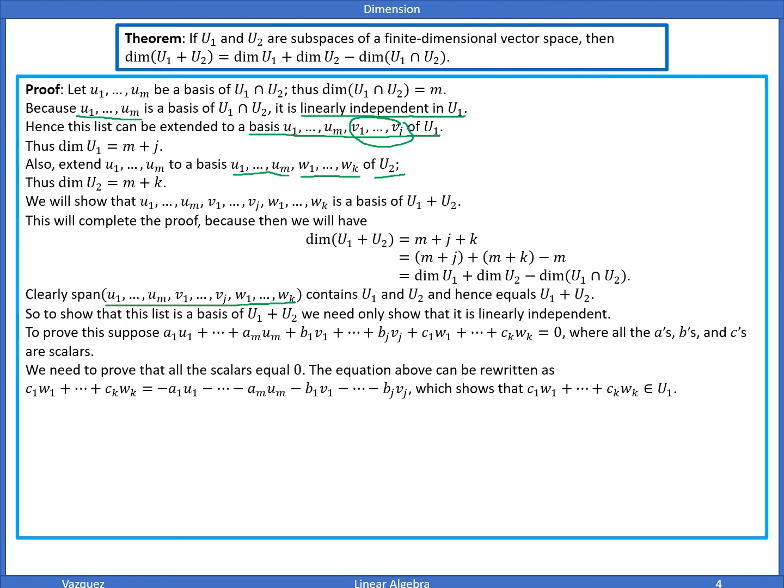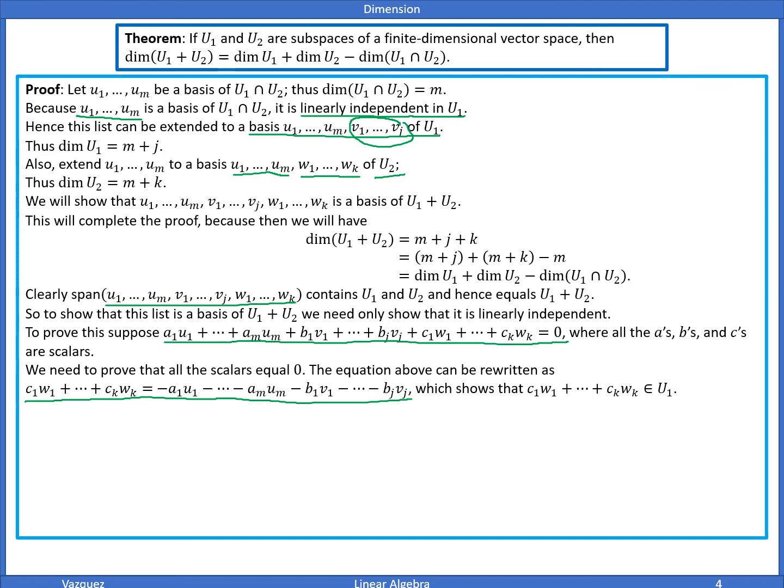So the equation above, this equation here, which I don't want to say because it would take me a good half hour, can be rewritten in this form. So just a little algebra, we move all the AU's and BV's to the other side. And what does that show?